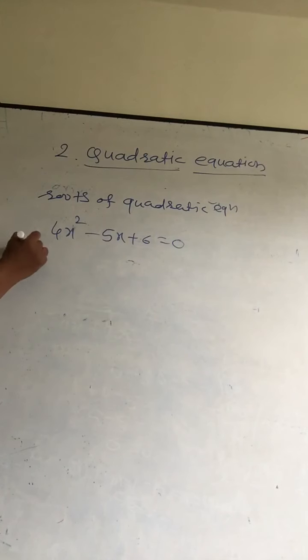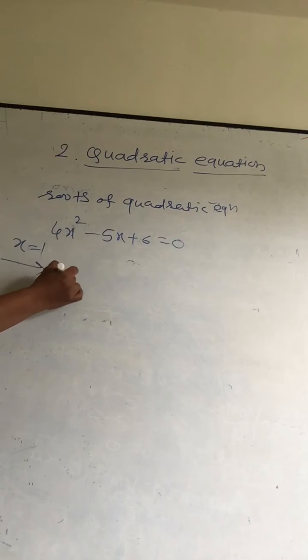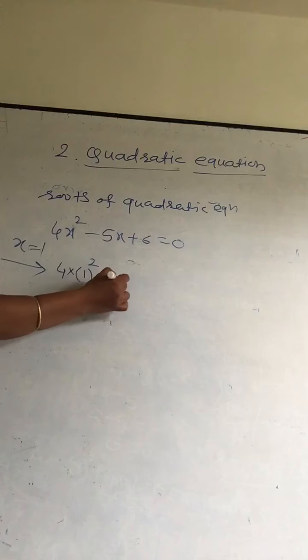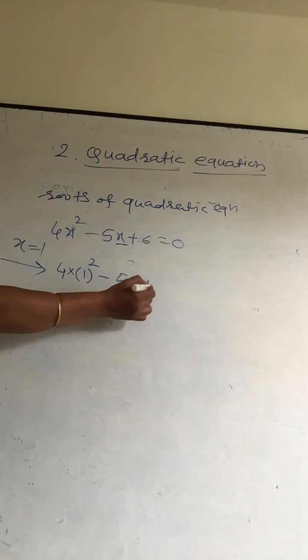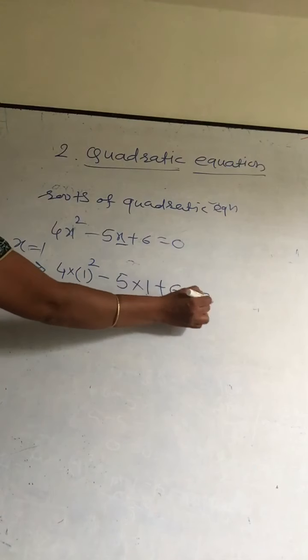We have to check whether x is equal to 1 is the root of this equation or not. So for checking, substitute here x is equal to 1. 4 as it is into 1 square minus 5 into 1 plus 6 is equal to 0.